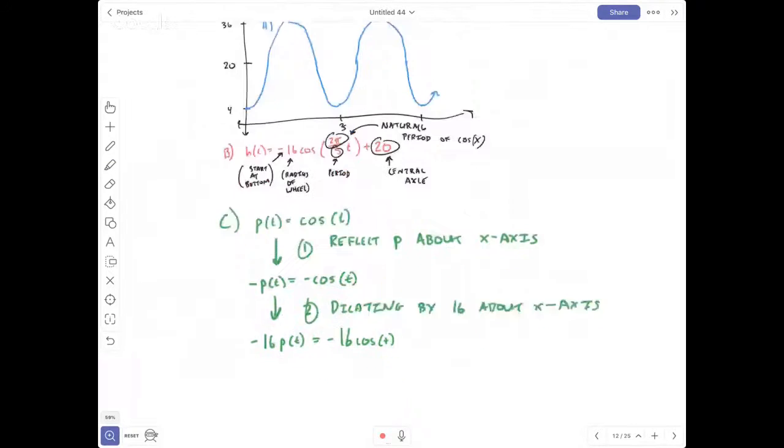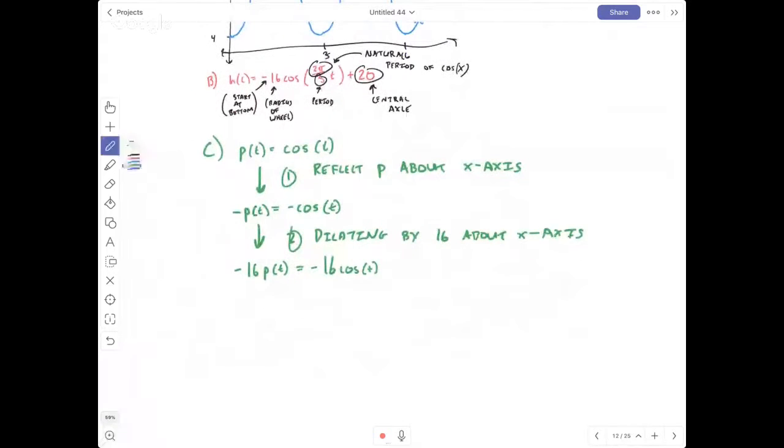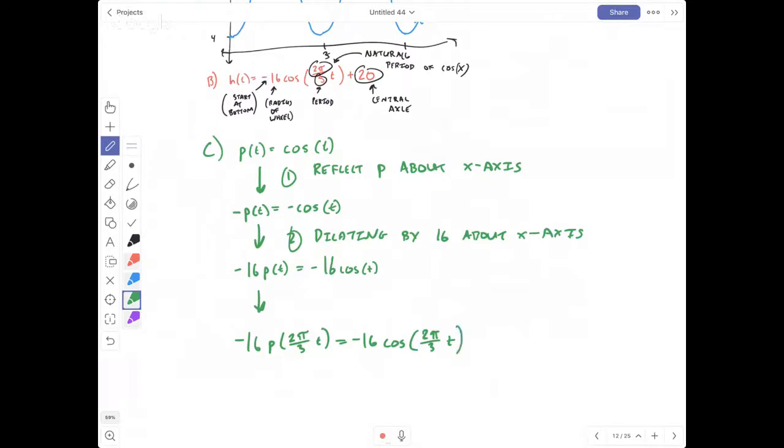And then what would I like to have next? I'd like that 2 pi over 3. So the next step is negative 16 p of 2 pi over 3 t, which is negative 16 cosine of 2 pi over 3 t.